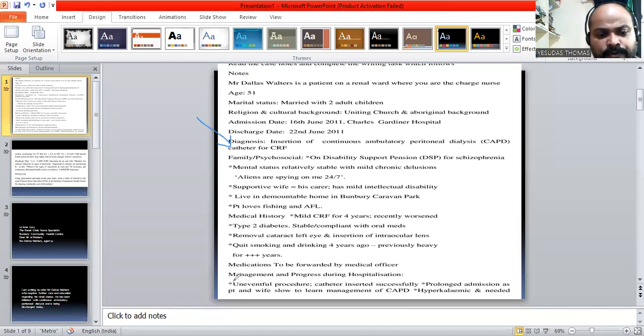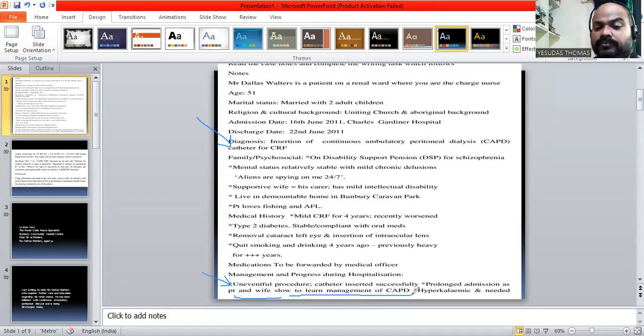Yes, the procedure was uneventful and the catheter was inserted successfully. But the stay was prolonged just because the patient and wife were slow to learn the management of continuous ambulatory peritoneal dialysis.